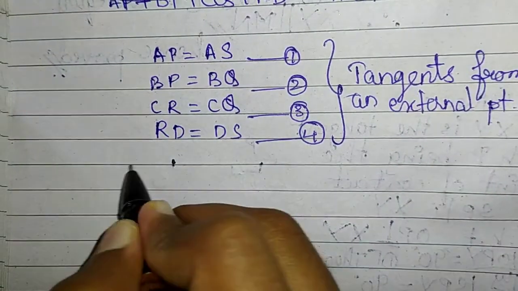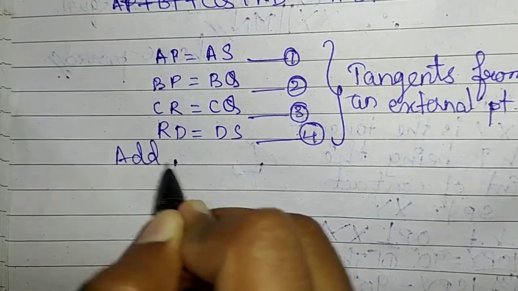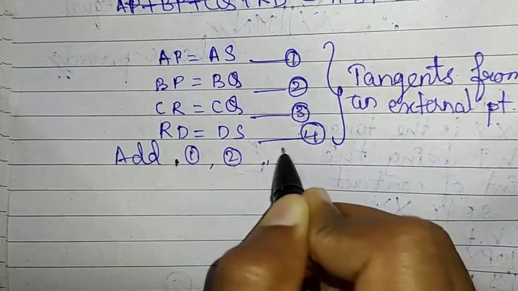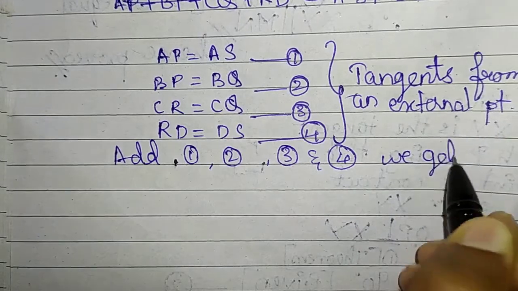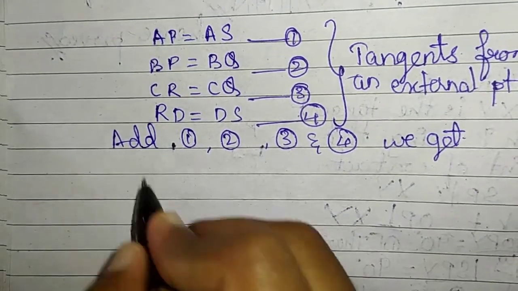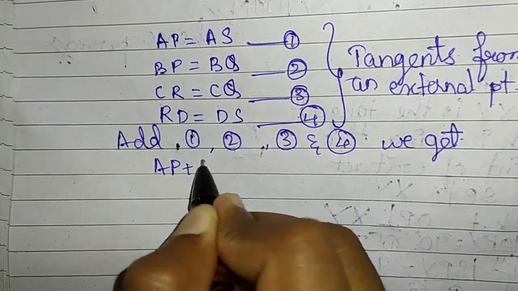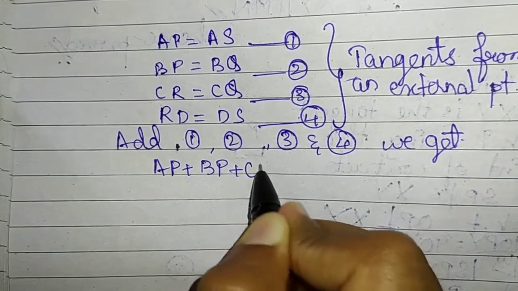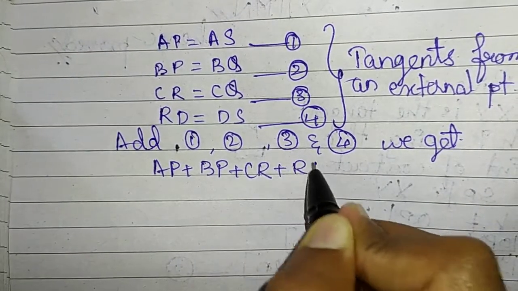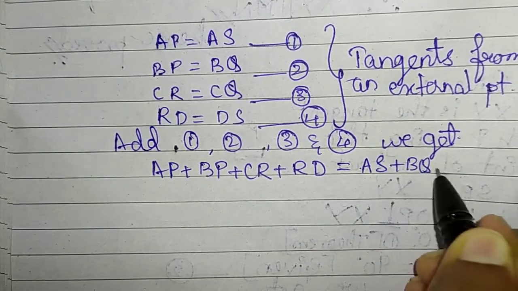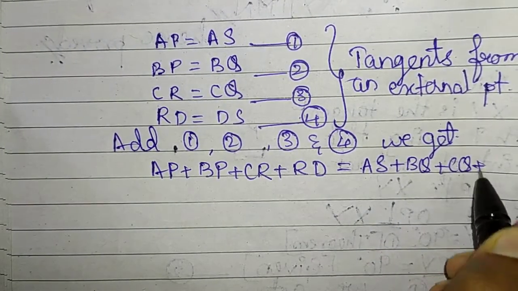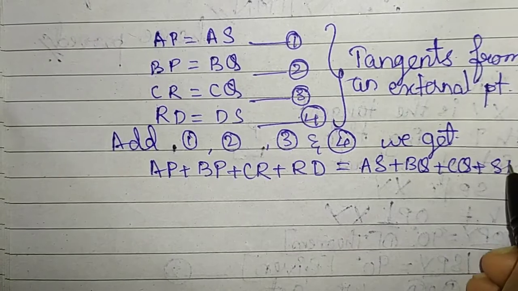Now add 1, 2, 3 and 4. We get AP plus BP plus CR plus RD is equal to AS plus BQ plus CQ plus SD.